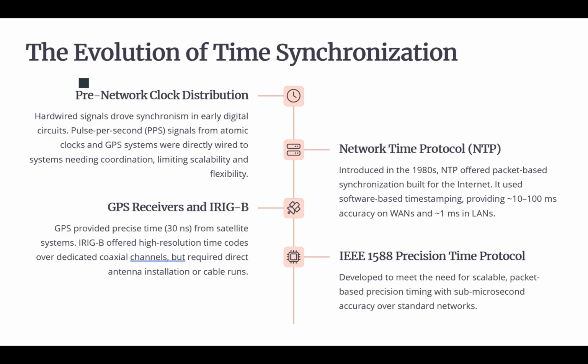But when we talk about a very large network and a very wide geographic distribution of devices, these technologies have problems. IRIG-B works over cable, so it doesn't have scalability. It answers the precision, but it doesn't have the scalability feature.